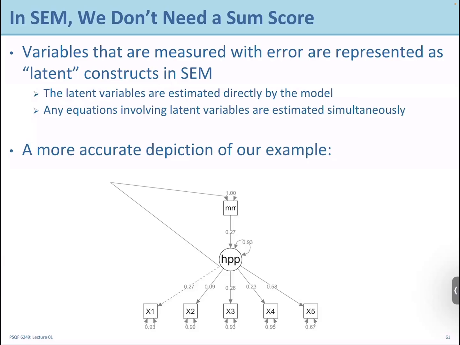And each one of these arrows connecting the latent variable to the observed represents the factor loading or the slope. Again, these are standardized coefficients. So that means for every 1 standard deviation increase in happiness, we'd expect the variable to go up by this amount of standard deviations each. And this is what is left over in terms of proportion of variance not explained in the standardized solution.